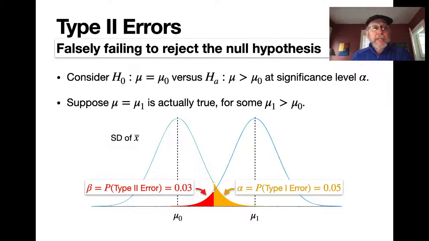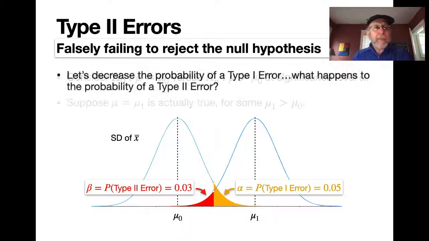Okay, so what would happen if we decreased the probability of a type 1 error, as we were discussing before? What would that do to the probability of a type 2 error? Well, to decrease the probability of a type 1 error, we need to decrease our alpha value. That means making that yellow shaded area smaller, moving its boundary to the right.